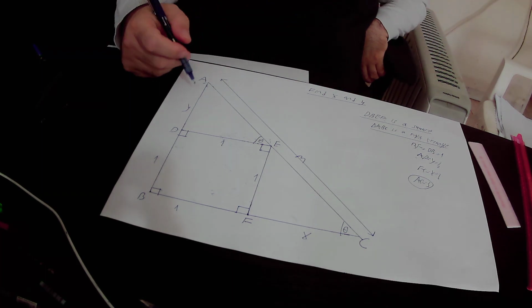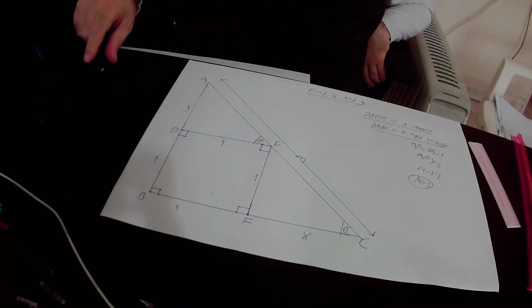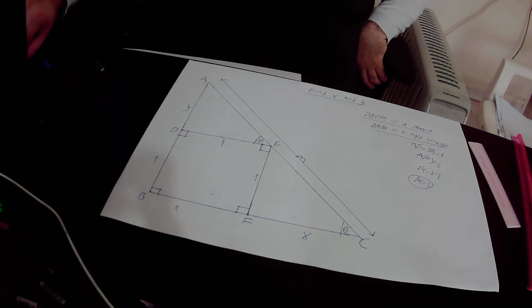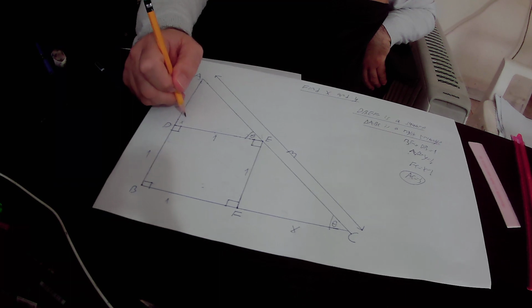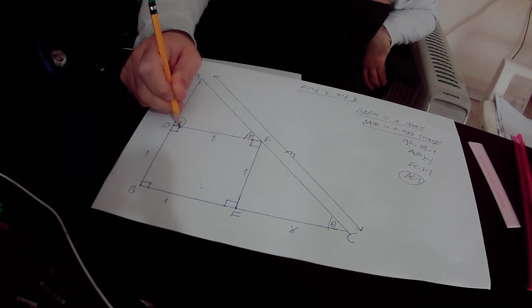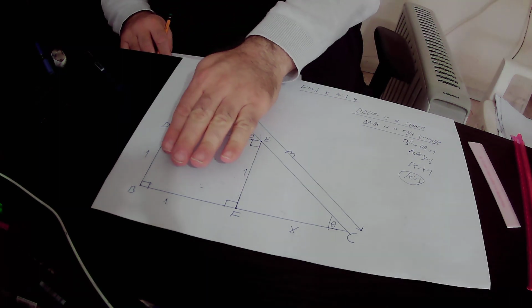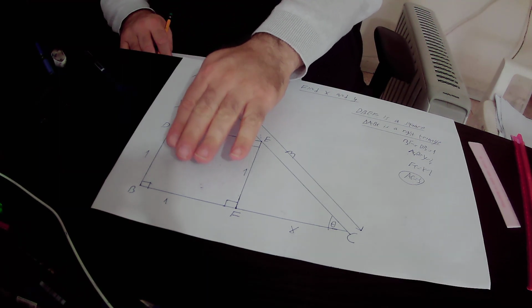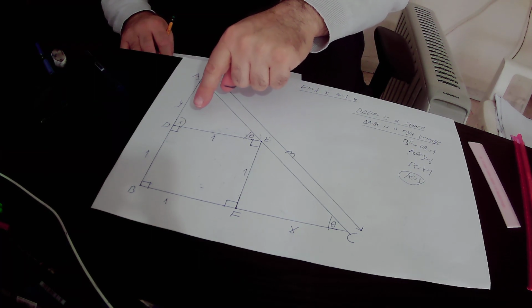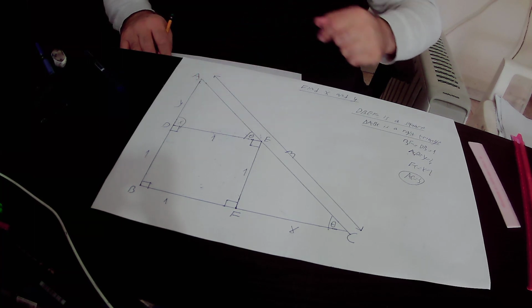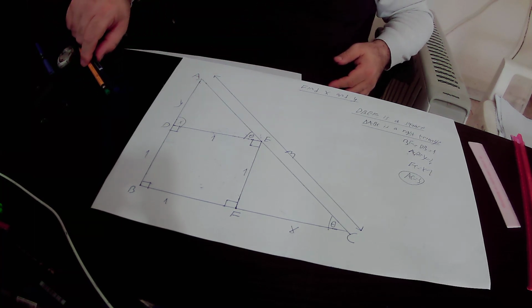We will define angle ADE, this angle, as angle X. So if we focus on this side of the straight line AB at point D, then the sum of the angles must be equal to 180 degrees. That is to say, angle X plus 90 degrees must be equal to 180 degrees.